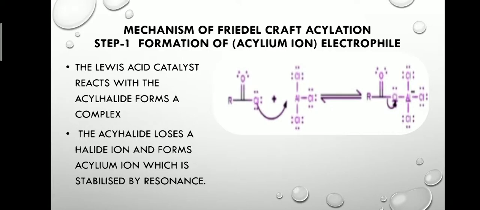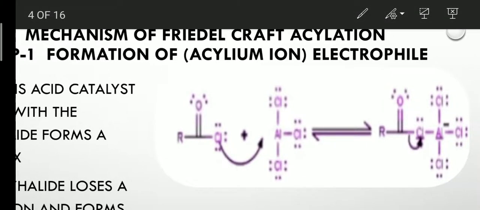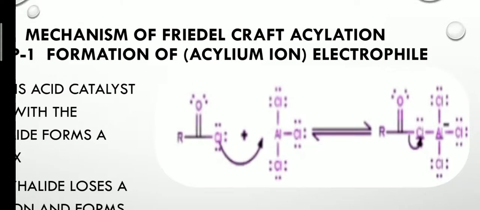so first look at this reaction. So here the acyl chloride, that is your RC double bond O Cl, reacts with the aluminum trichloride and forms a complex. Okay. So once this complex is formed, this chloride ion is removed.